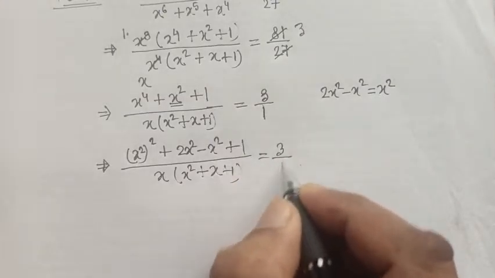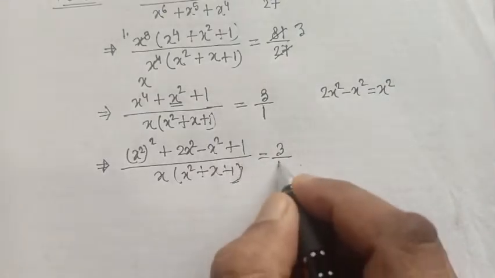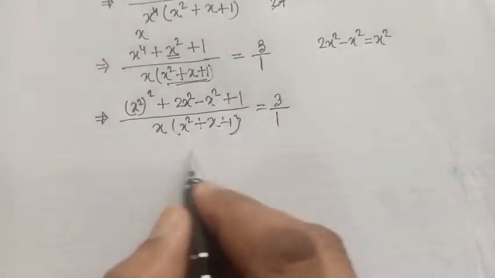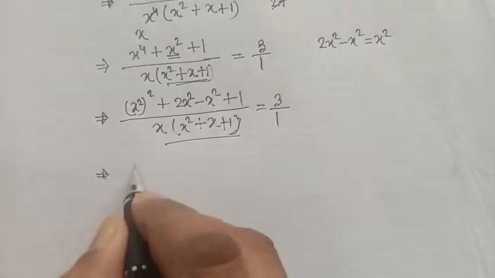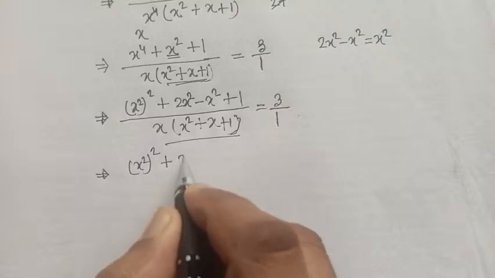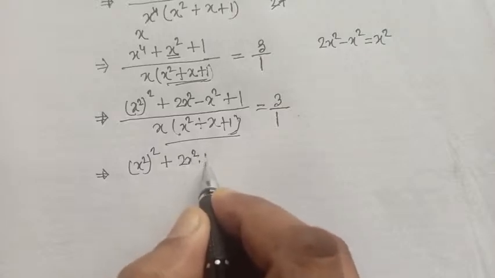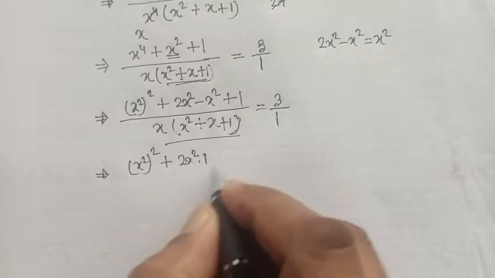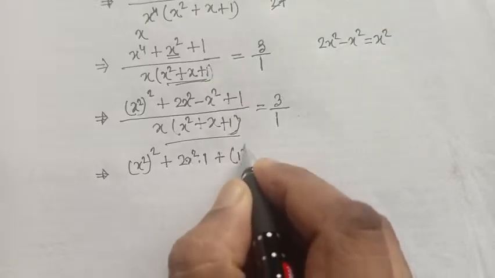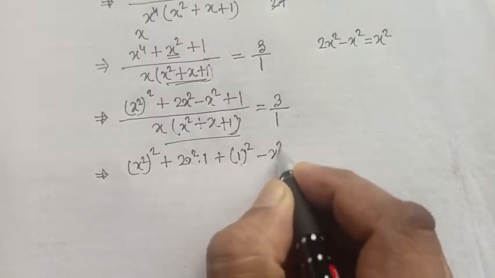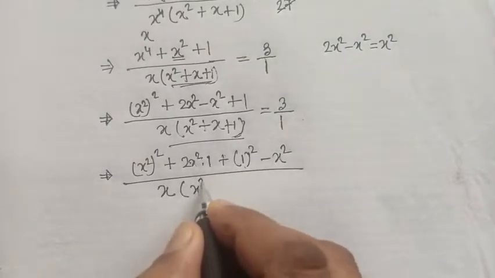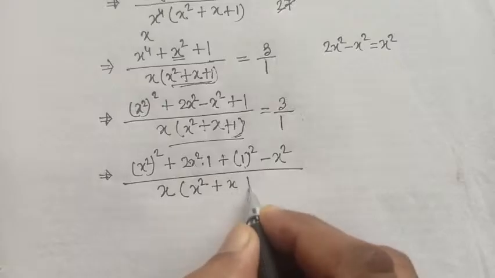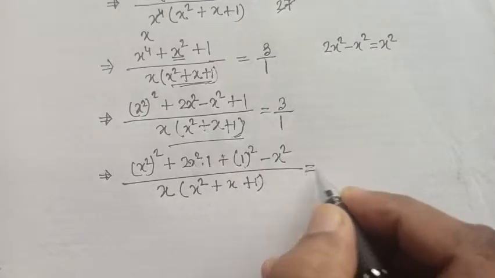So this part will remain the same. Okay, so now we are just expressing the equation in a simplified way: x square plus 1 whole square minus x square, and the denominator should be the same, x square plus x plus 1, equals 3 by 1.